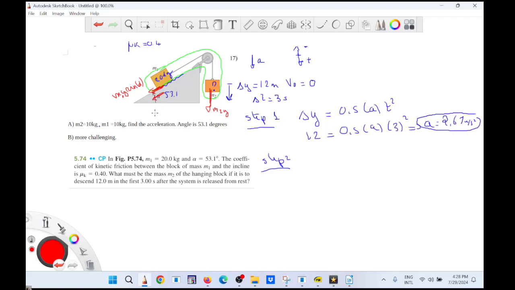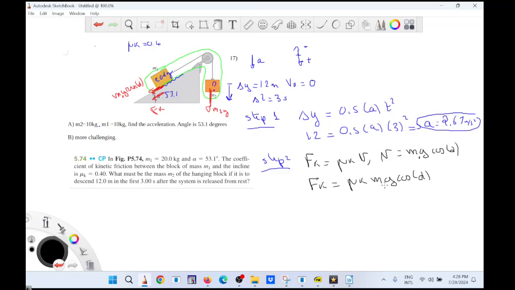You also have the frictional force opposing the motion. The kinetic friction equals the coefficient times the normal force. Remember, with an inclined plane, the normal force is always equal to mg cosine alpha. So the frictional force equals mu k M1 g cosine alpha.